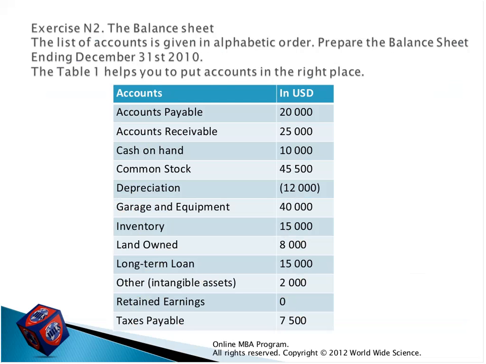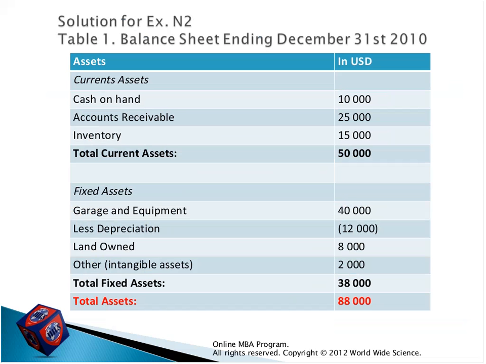We have done previous assignments based on the balance sheet. So here is the solution for exercise number 2. We put each item on the correct side, starting with current assets. On the current assets, we have cash on hand 14,000, accounts receivable 25,000, and inventory 15,000. This is the total current assets. Next, we recognize the fixed assets.